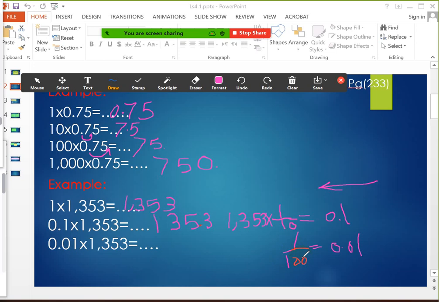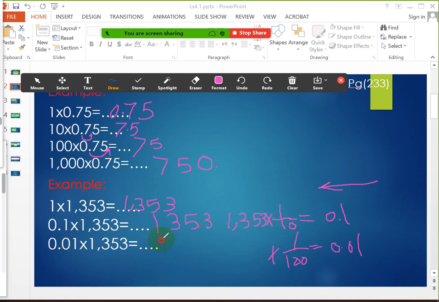That means if I want to multiply this number with this decimal fraction, you have to move the decimal point number of digits equals number of zeros to the left side. Okay? So you have to move the decimal point 2 digits, because I have here 2 digits after the point in the power of 10.